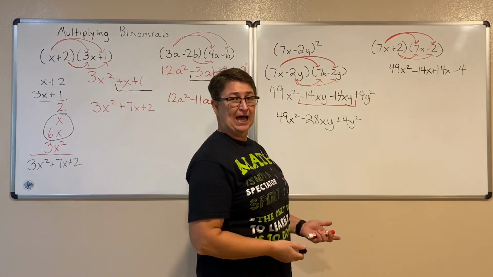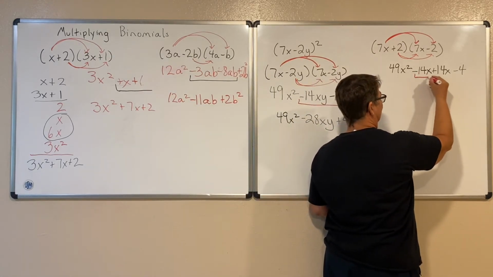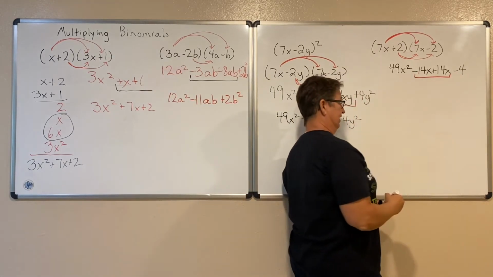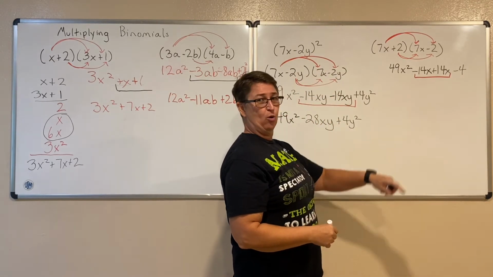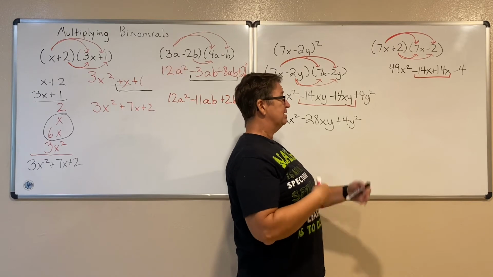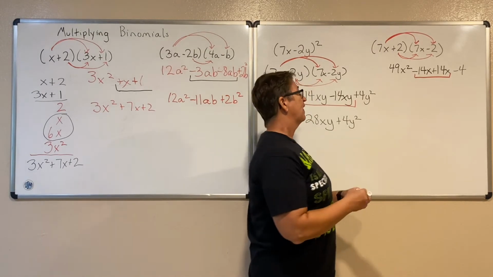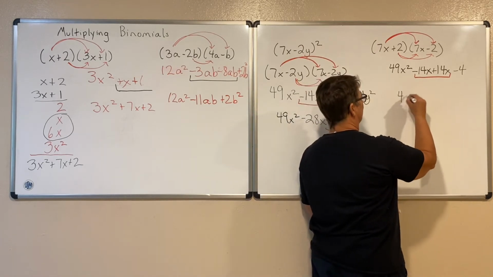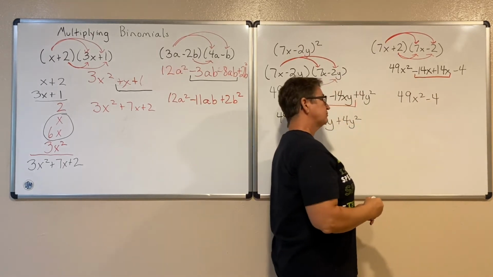Again, I combine like terms. The only ones I can combine are this negative 14x and positive 14x. Now this time I walk into negative land, but then I turn around to walk back to positive land. And since I walk the same distance, that becomes 0. I'm just left with 49x squared minus 4.